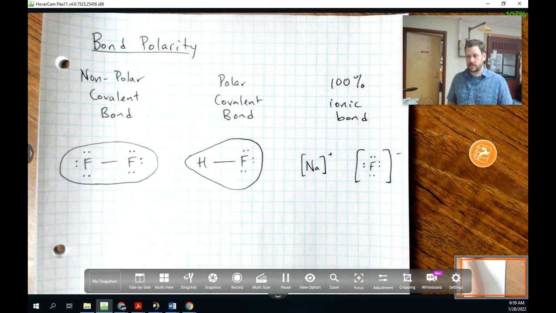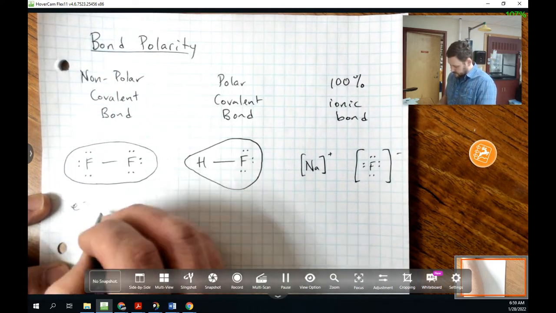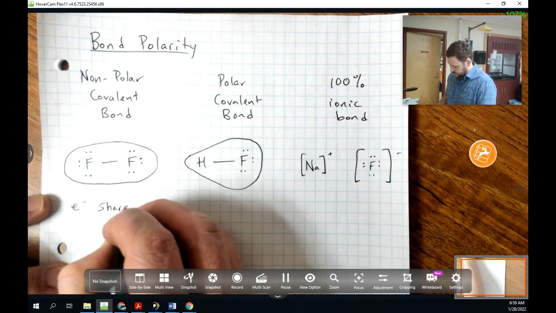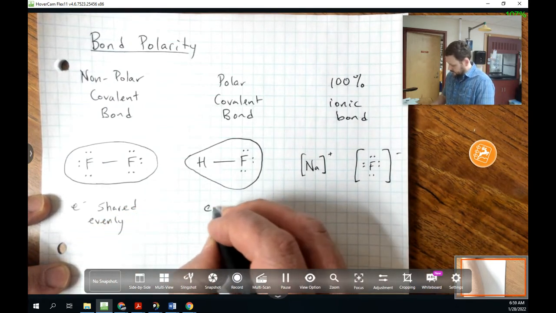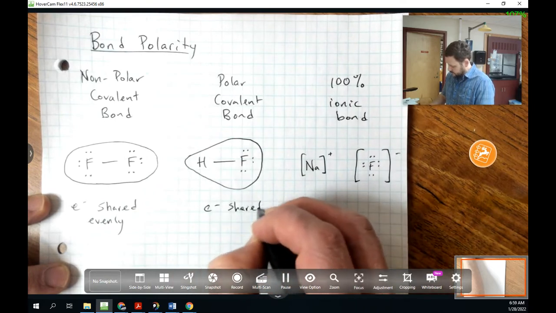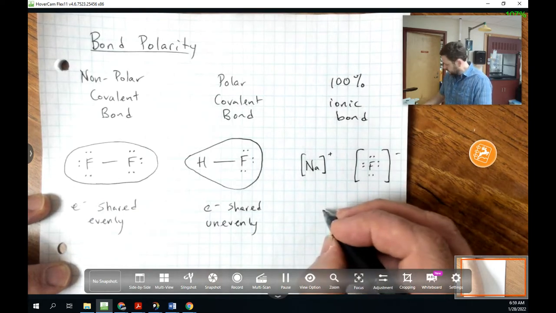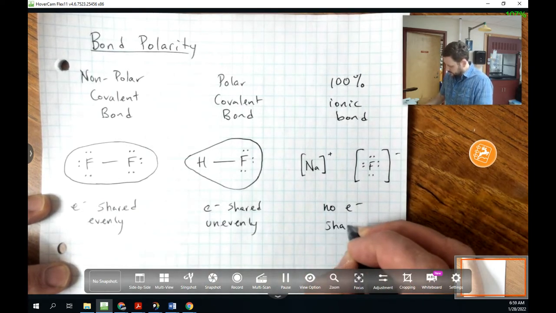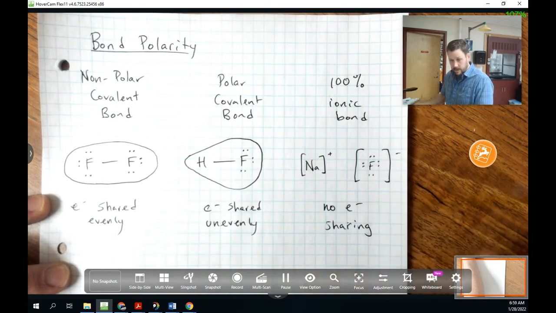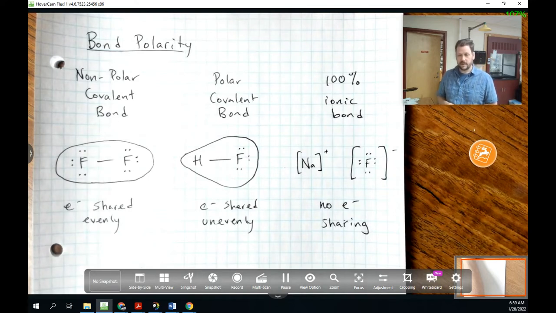So let's summarize what's going on in terms of electron sharing. Here, electrons are shared evenly. Here, electrons are shared unevenly. And here, there is no electron sharing. Electrons have been transferred from the metal to the nonmetal in the case of an ionic bond.